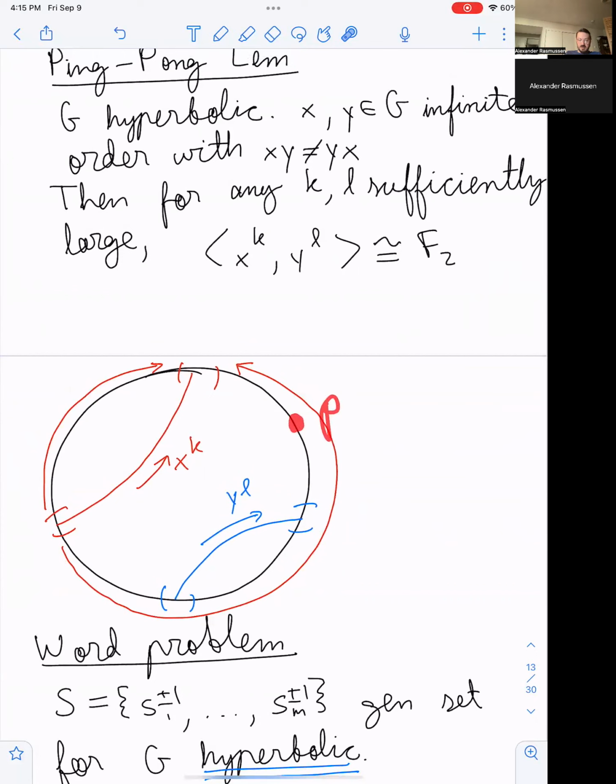So you fix some point, say P on the boundary, and you look at some word in these 2 generators, and what happens to P is it just kind of bounces between these 4 different sets. And this will allow you to say that as long as your word doesn't have any trivial cancellation of some generator with its inverse, then P is going to end up in one of these four sets. In particular, P doesn't get mapped to itself. So that tells you this subgroup doesn't have any relations.